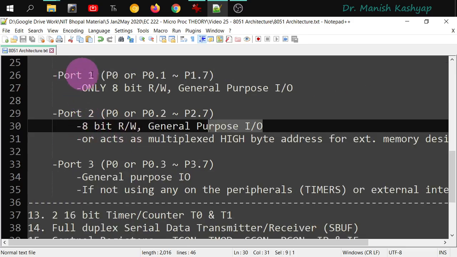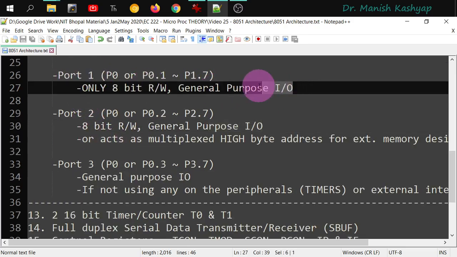Similarly, port 1 is free. Port 1 is just a general purpose input output. So if you have to use only one port, prefer port 1, because it has only one purpose. It has no other multiplexed function. However, port 2 is also a general purpose IO bidirectional port, but the higher order address byte is also multiplexed on this. The data bus is of only 8 bits, since this 8051 microcontroller is of 8 bits.